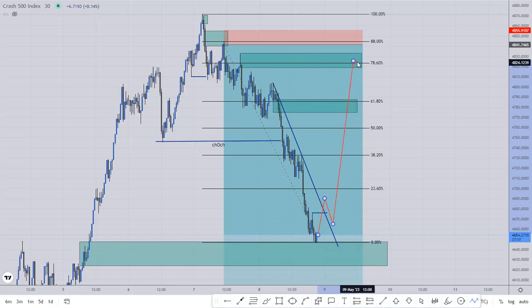These sells, you can enter aggressively, because the order flow is bearish. I hope I have made my point clear. Conservative buy, aggressive sell.